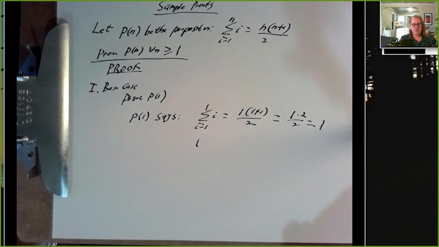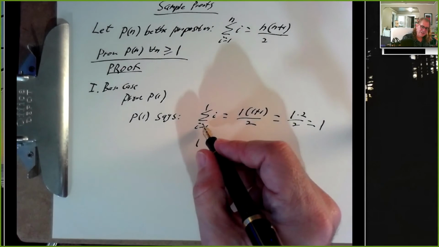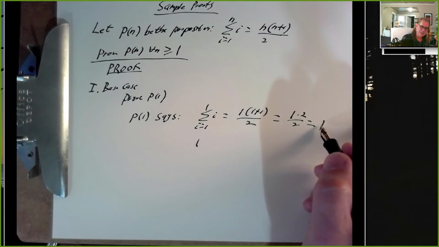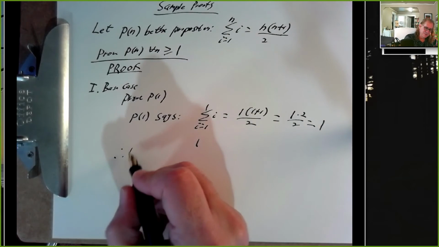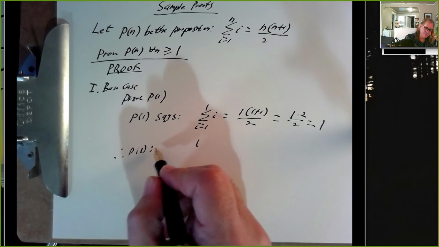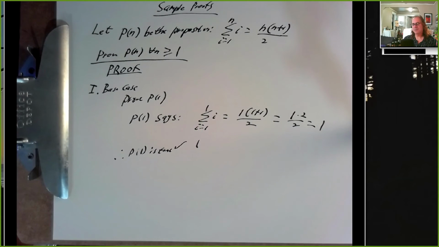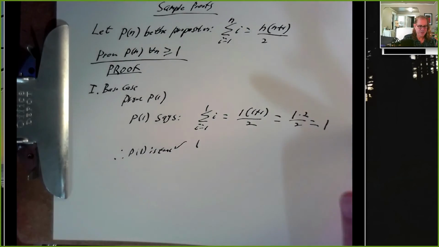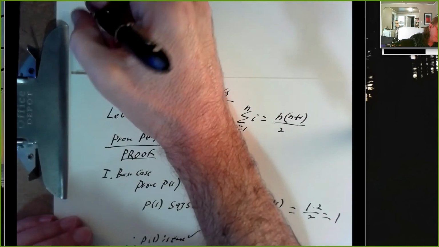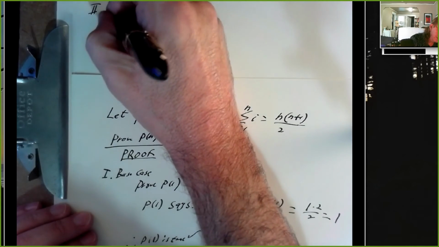That's equal to 1. So this expression is exactly equal to 1. This expression is exactly equal to 1. So P of 1 is true. So we've proven the base case. All right. Step 2 is the inductive step.